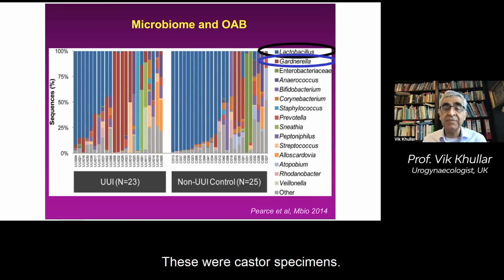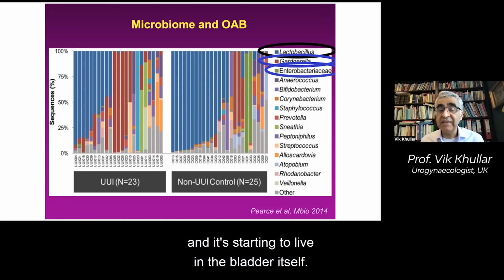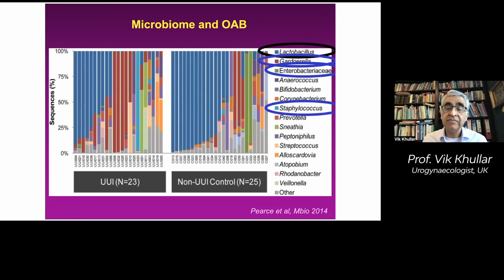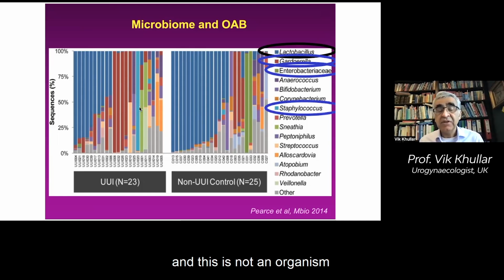These were catheter specimens. We also see more Enterobacter, which should really be a gut organism, and it's starting to live in the bladder itself. And lastly, Staphylococcus, the one in light blue. This is not an organism we would normally expect in the bladder.